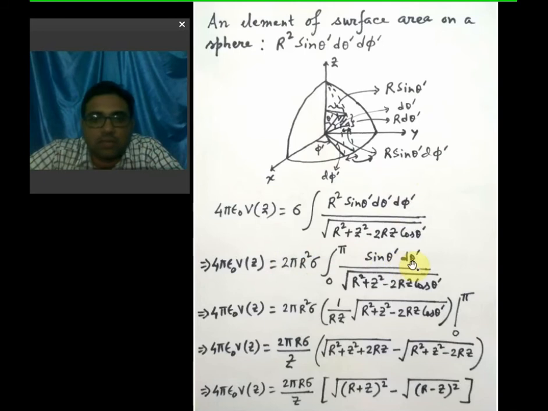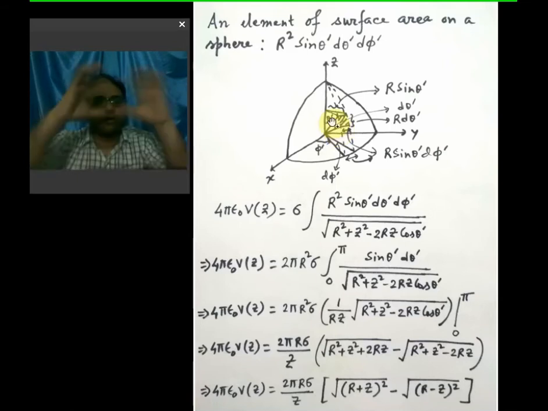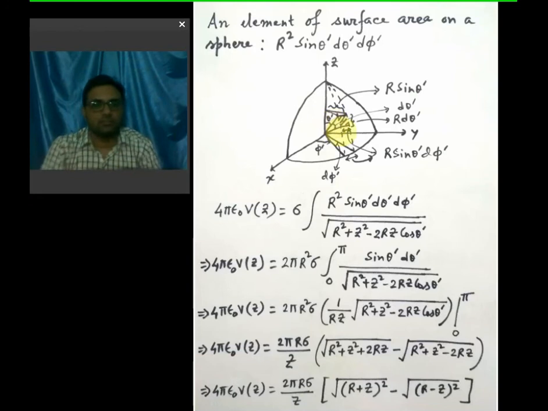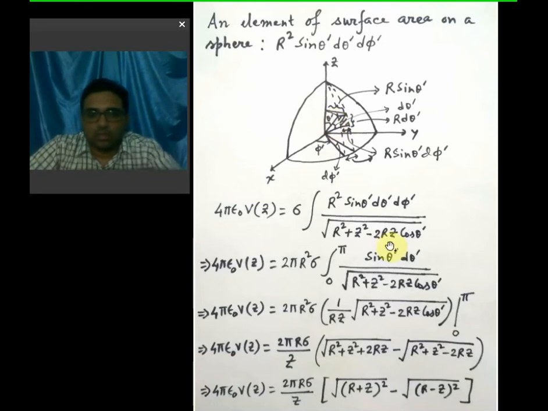Now this is sin theta prime d theta prime, and you know this theta prime angle will vary from 0 to pi. So I told that if we vary theta prime from 0 to pi and phi prime from 0 to 2 pi, I can form a total sphere. So that's why the limit is from 0 to pi.